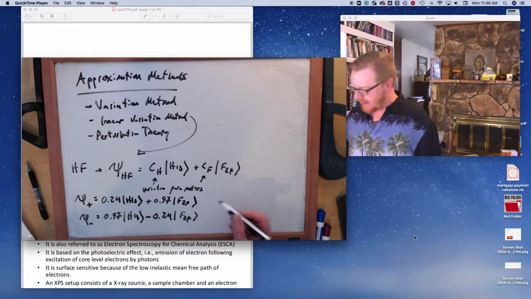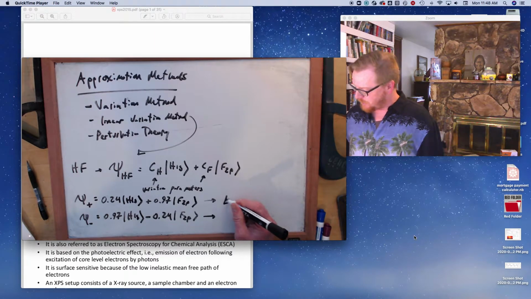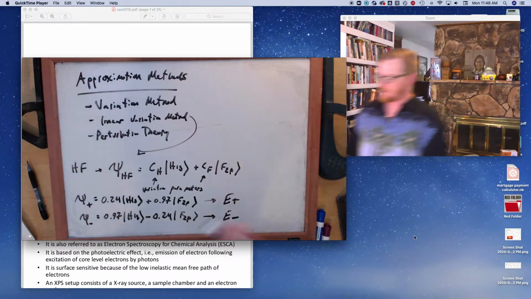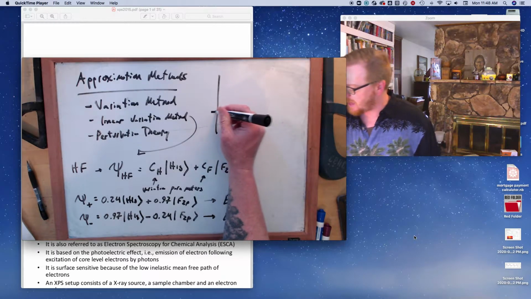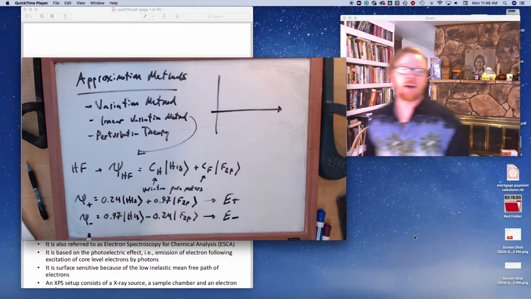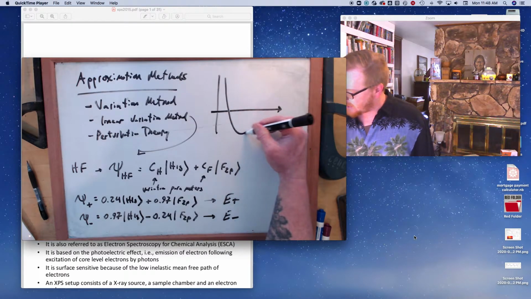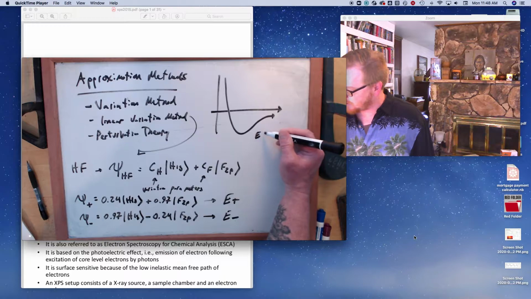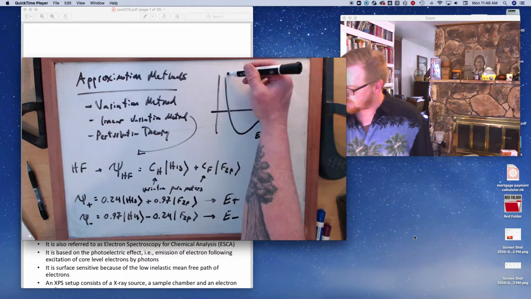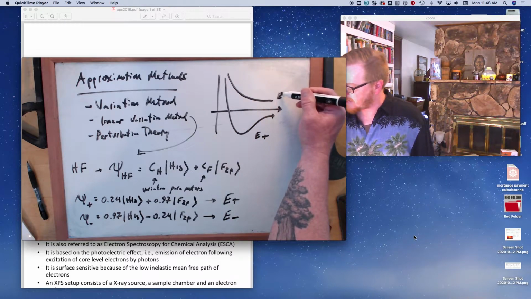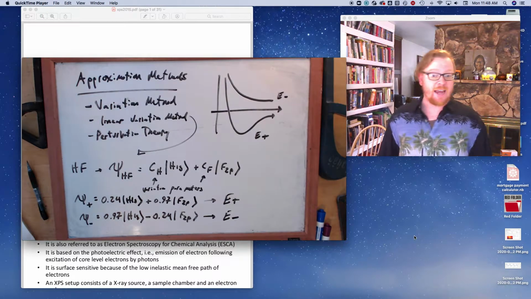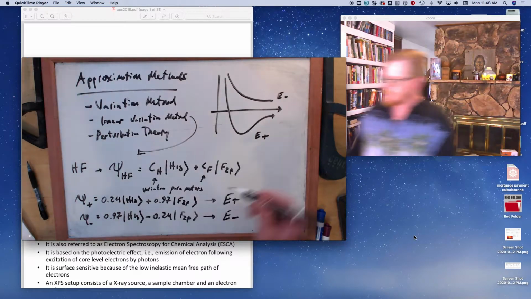Of course, for the psi plus and psi minus states, you use the Schrodinger equation, solve, and get E plus and E minus. This is similar to what you're working on in your take-home right now. We know the E plus state is going to look something like this, and the E minus state, the anti-bonding state, is going to look something like this.